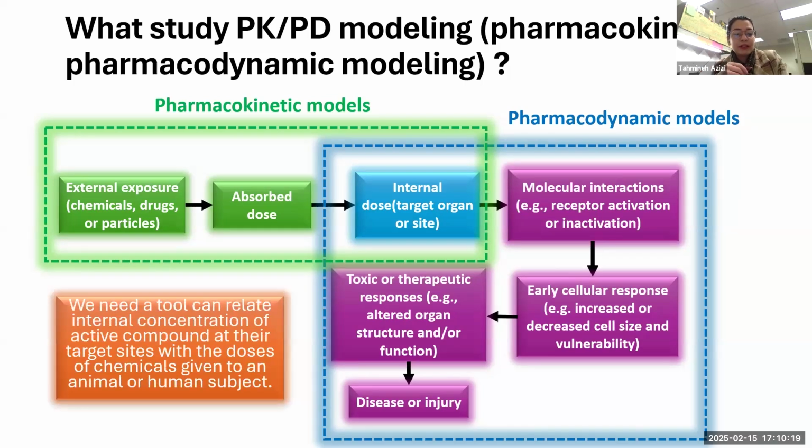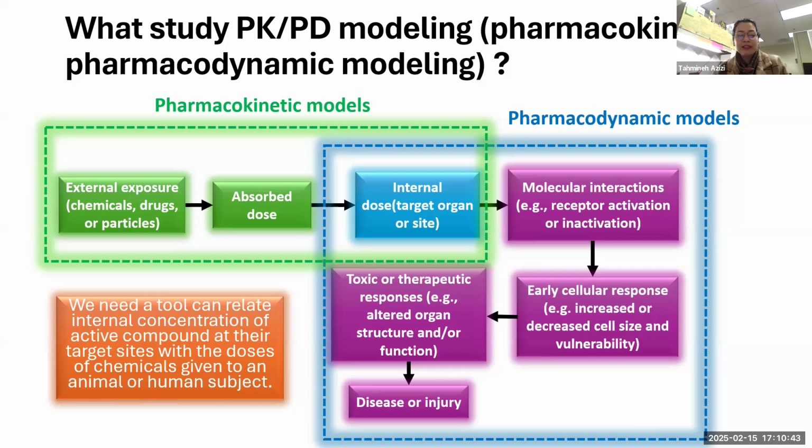For all of this that I defined here, we need a tool to be able to relate this internal concentration of the active compound that we have, which can be any of these chemicals, drugs, or particles. And we need the information about the target sites that we are interested in.